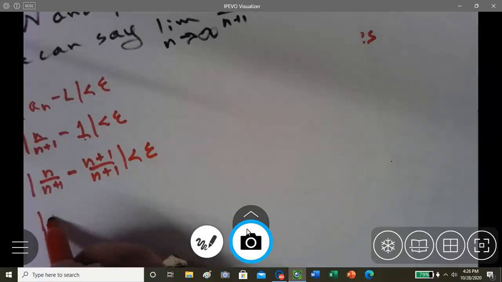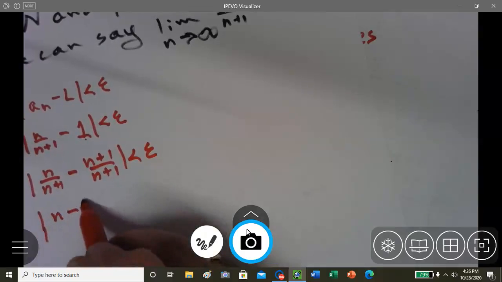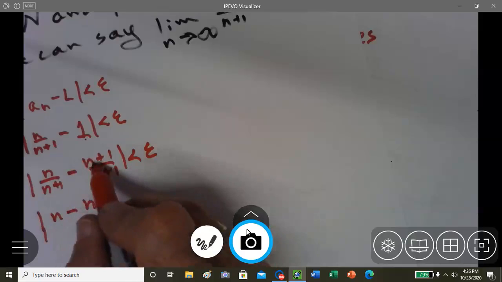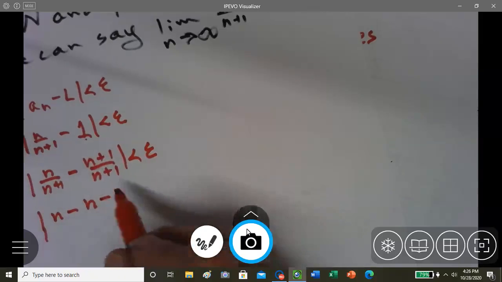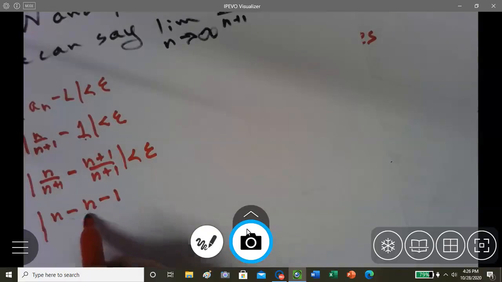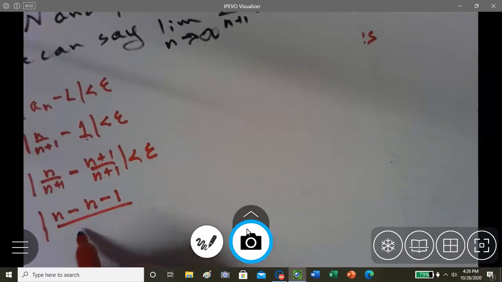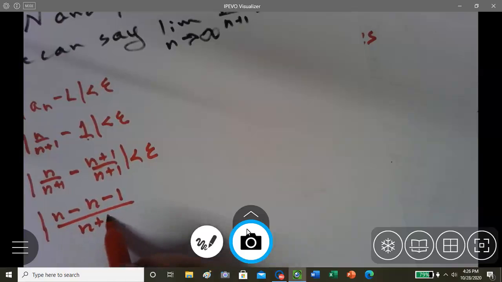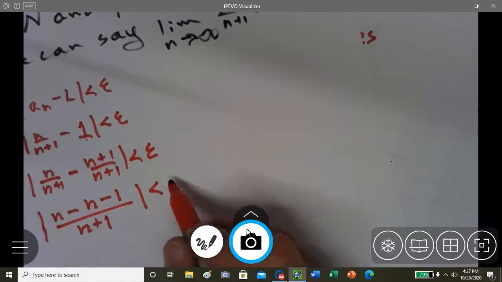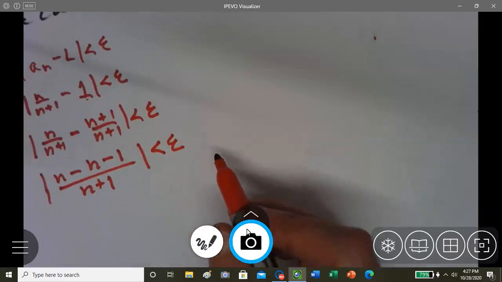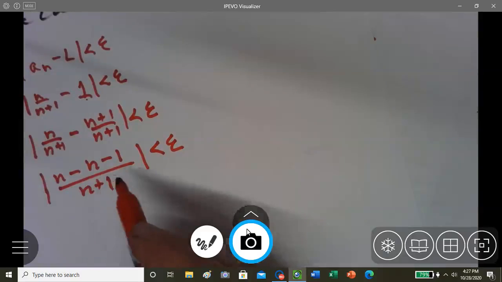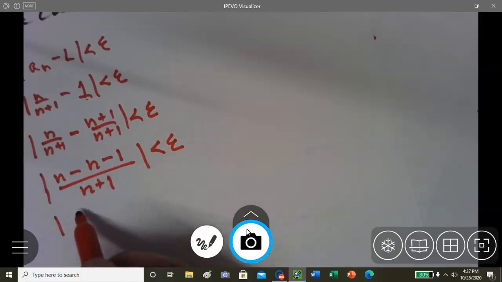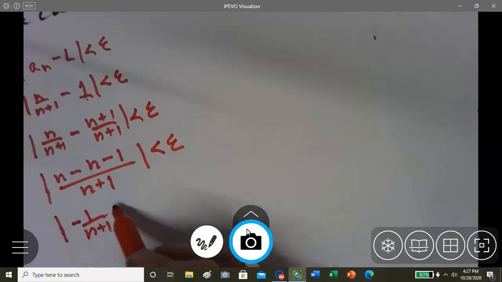So that'll be n minus n, and it distributes to the n and the 1, so this becomes minus 1. So we're distributing that negative to both terms, and that's all over the common denominator n plus 1, and we're still in absolute value here. Well, n minus n, they cancel, I mean, they go to 0. So now that leaves us with just negative 1 over n plus 1.